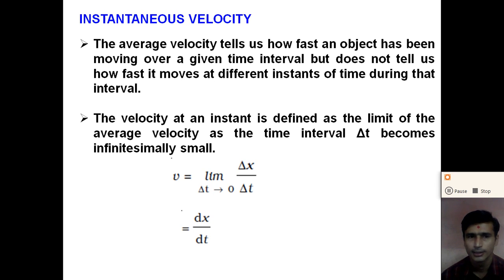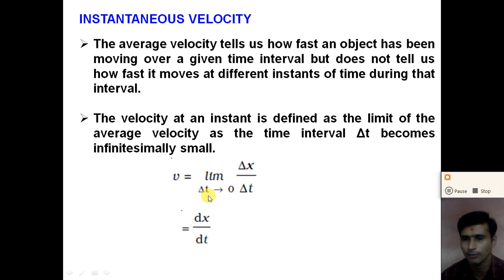So the instantaneous velocity is the limit of the average velocity as the time interval delta t becomes very small, infinitesimally small, and it is denoted by v equal to limit delta t tends to 0.